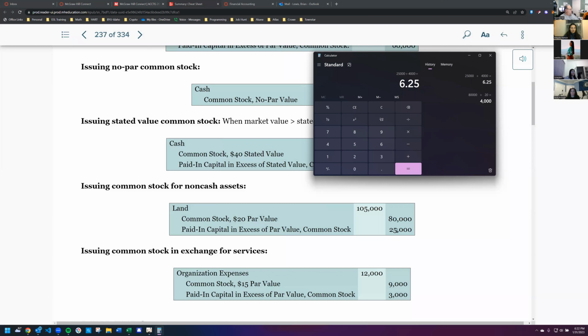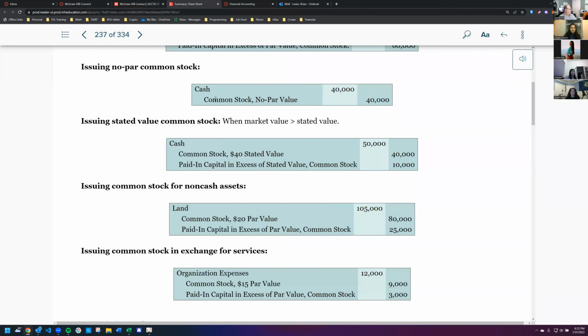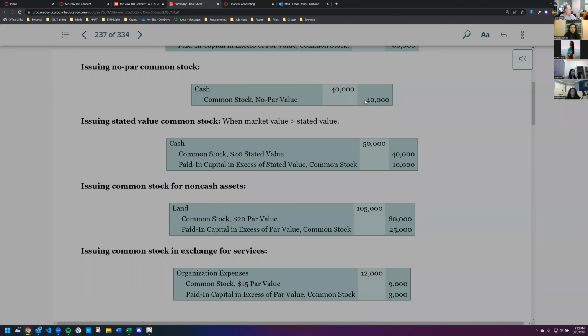Or another way of saying it is that the average market value when it was sold was 26.25. So there's a couple of analyses you can do because you split it out when there's a par value. If there's no par value, it's hard to tell exactly those same types of things.